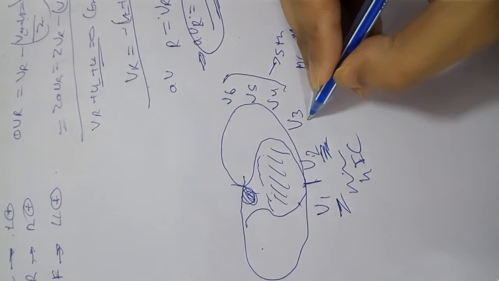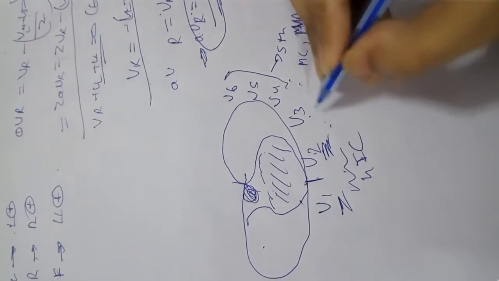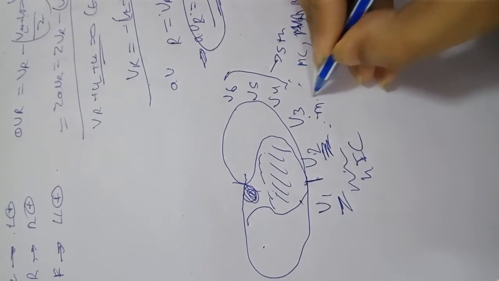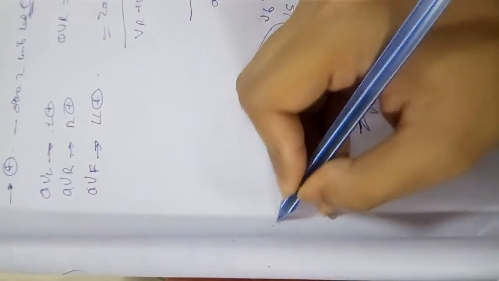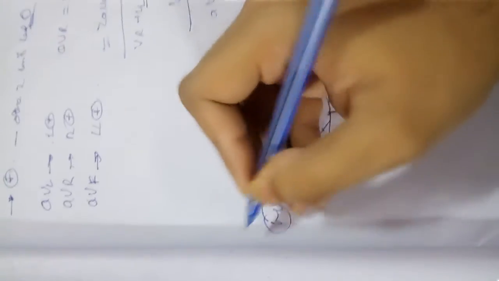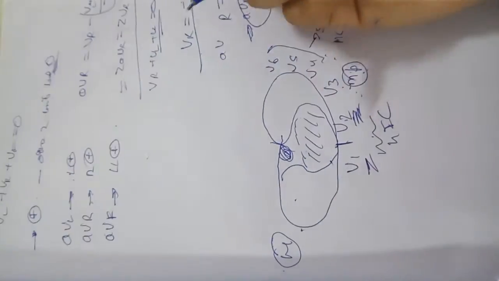V3 is present midway between V2 and V4. So these are the horizontal leads. Then we saw the vertical leads. So a total of 12 leads are there, 6 horizontal, 6 vertical.